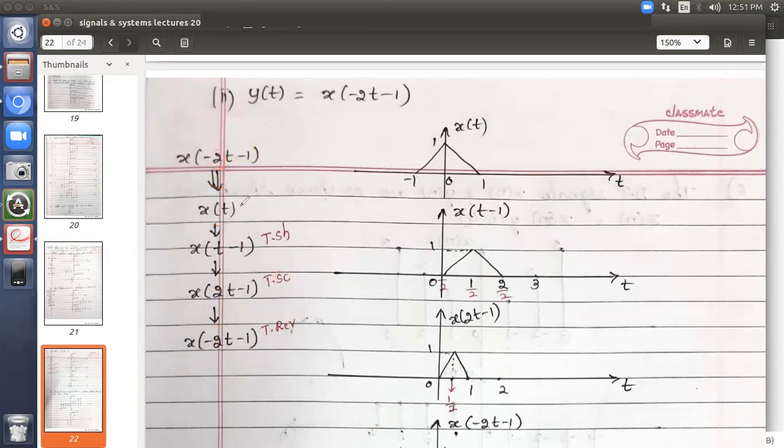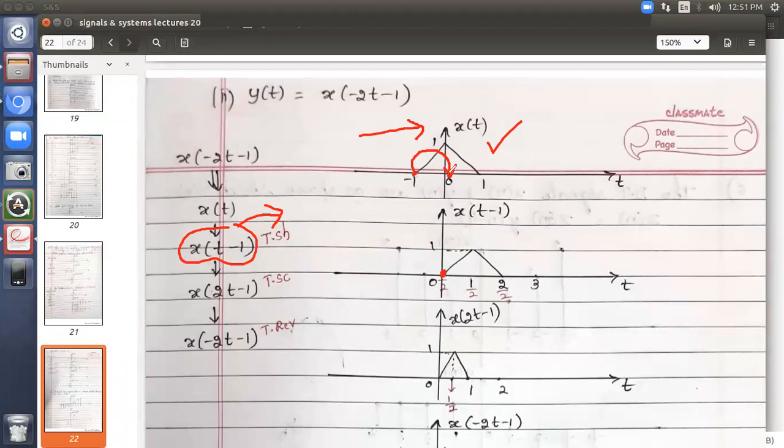We will start with x of t. I have to shift the signal by one amount to the right side. Only one amount. So let me start with this end. One shift to the right side. So just put this here. The new point is 0, so my signal will start from 0.